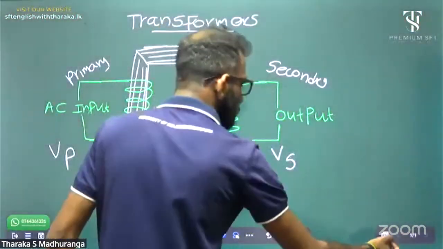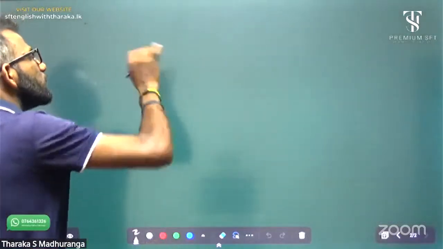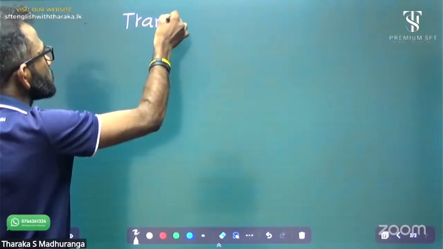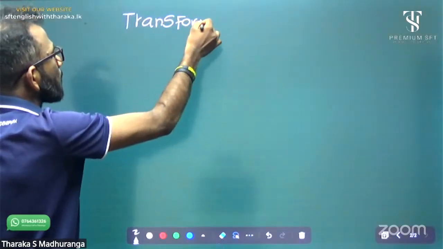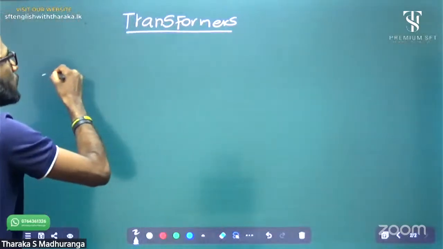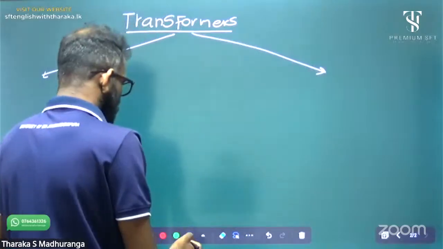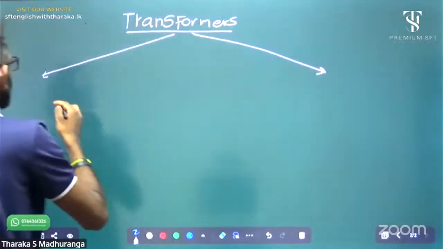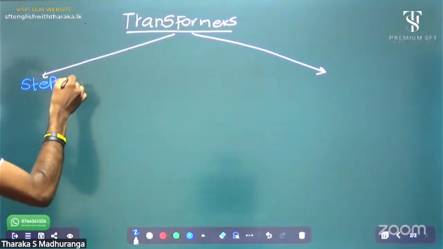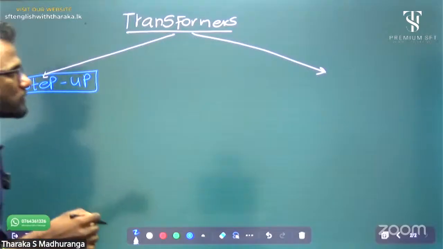Now, that's the basic structure of the transformers. Now transformers we can divide into two categories. What are the types? Step up transformers and step down transformers.